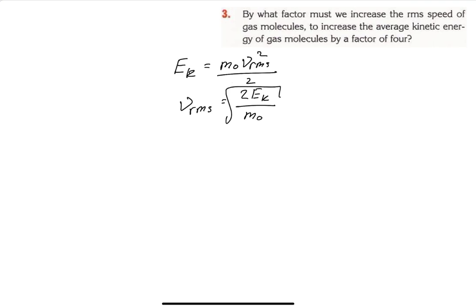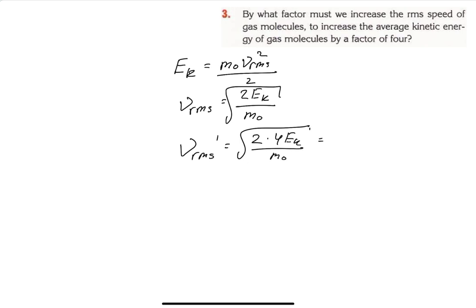So if we quadruple the kinetic energy, VRMS new is gonna be the square root of 4 times energy kinetic over m0.